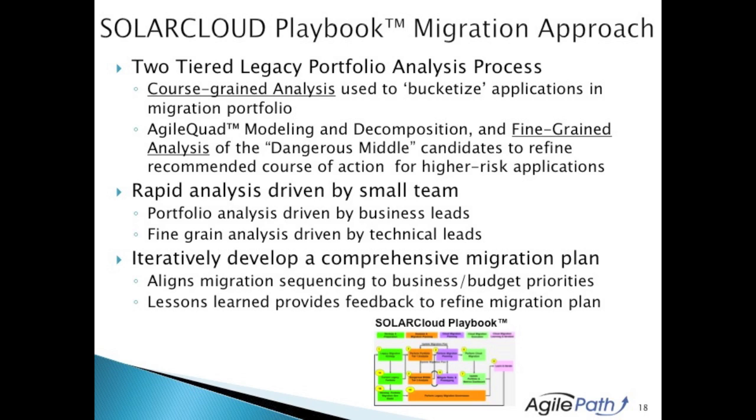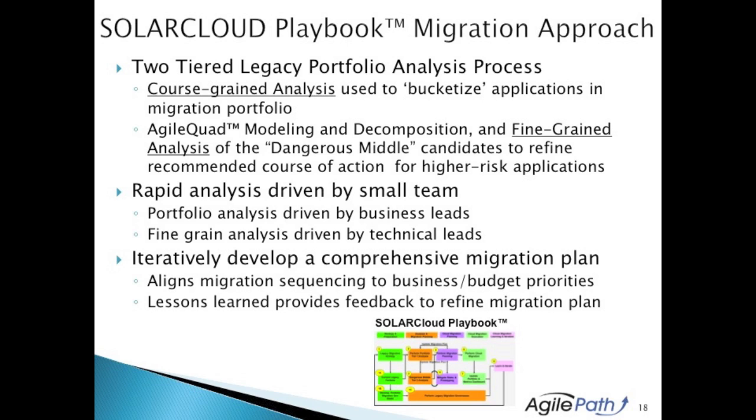You want to create a pilot program in which you start out with the low-hanging fruit. That activity is done in parallel with the fine-grained analysis of those dangerous middle candidates, and you feed this all back into your plan, refining your migration plan as you go along.